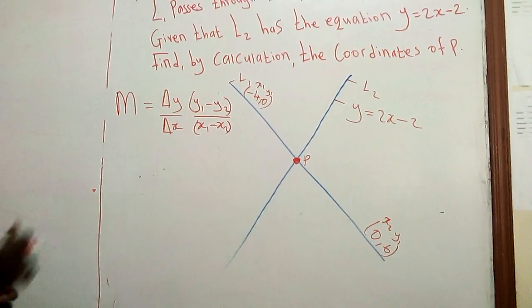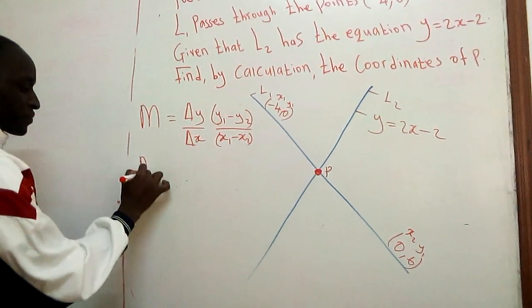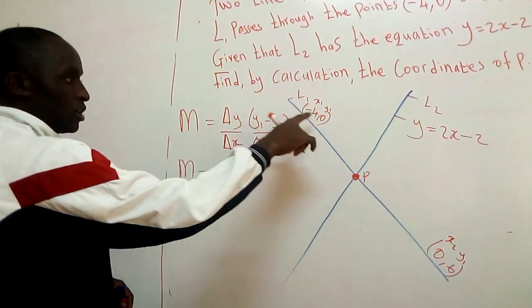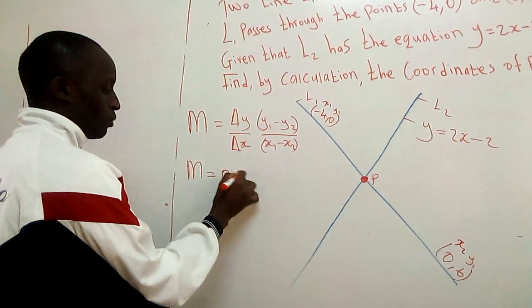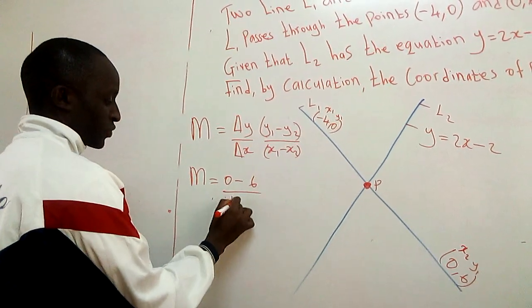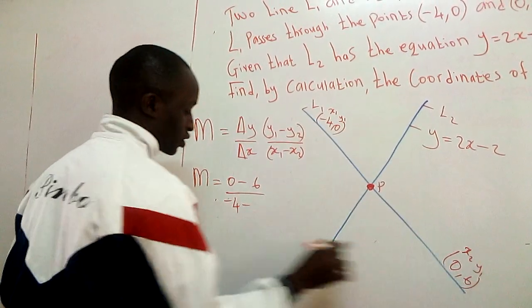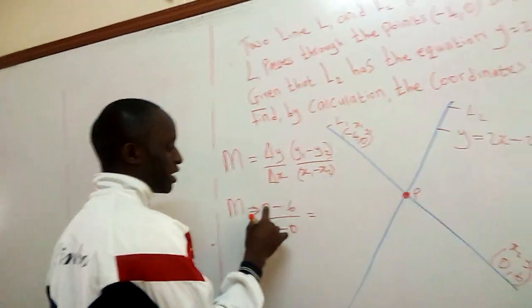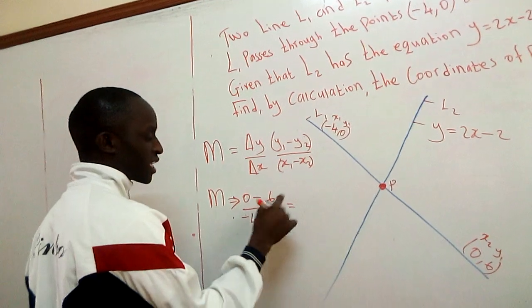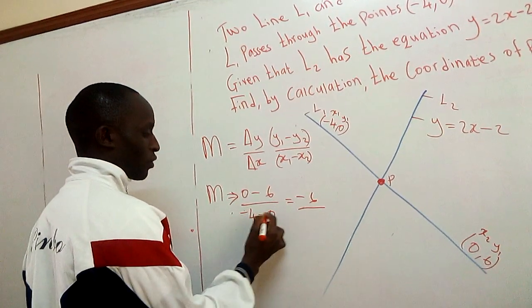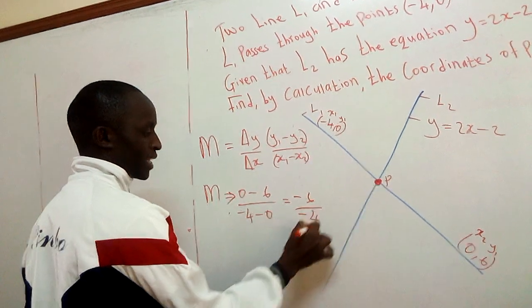Therefore, from there, let me find the value of the gradient. The gradient is going to be given by y1, which is 0, minus 6, all over x1, which is -4, minus x2, which is 0. This one is going to give me 0 minus 6, which is -6, all over -4 minus 0, which is -4.